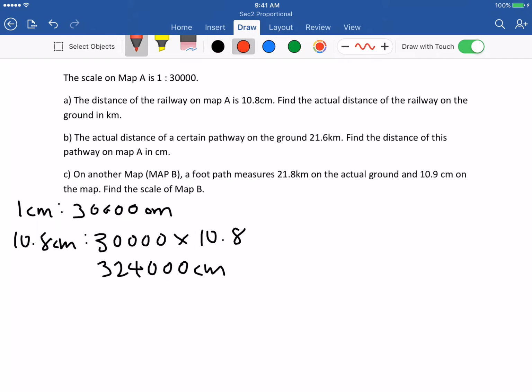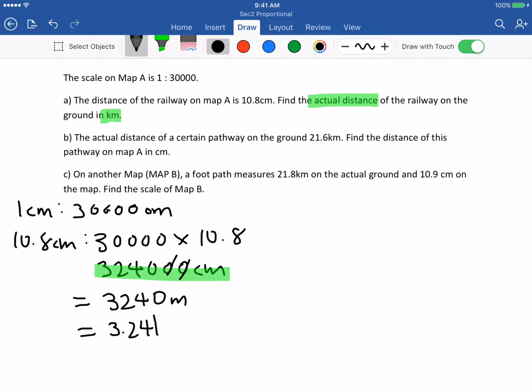But the question wants the actual distance in terms of kilometers, so I need to change this to kilometers. Change to meters first: divide by 100, so it's 3240 meters. Then to change to km, divide by 1000, so it's just 3.24 km. That's the first answer.